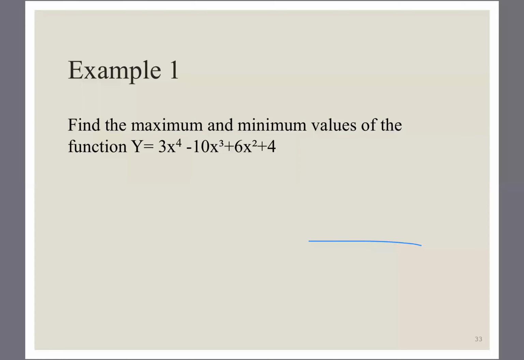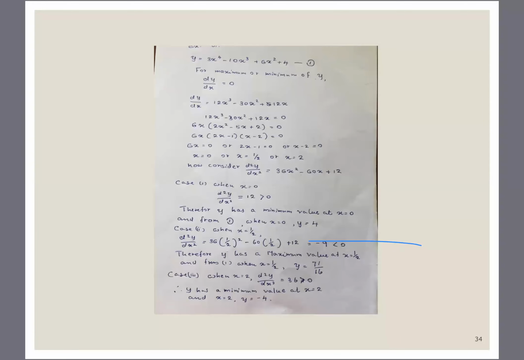Yes, this is one simple example. That example says find the maximum and minimum value of the function. Okay, the function is this one. Yes, because I want to manage my time, right?